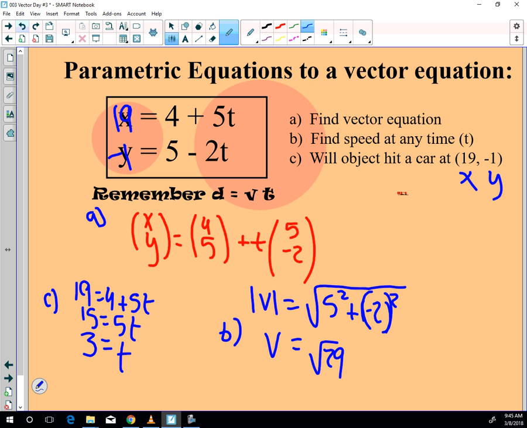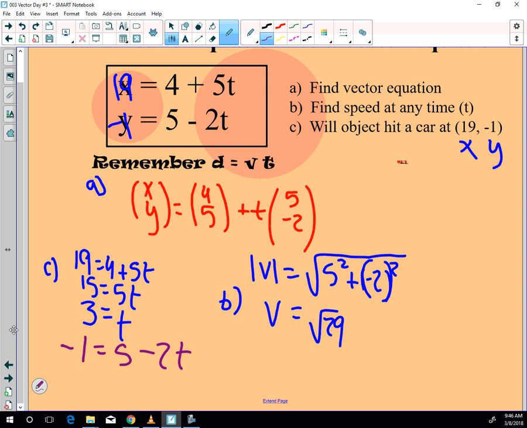We could have the right hand sooner or the left hand sooner, and therefore there's 3 possibilities that could take place. We want to see, though, if they are going to strike, then my second one, negative 1, should be equal to 5 minus 2t.